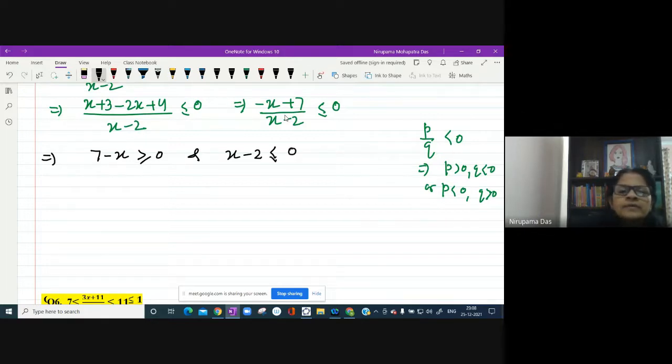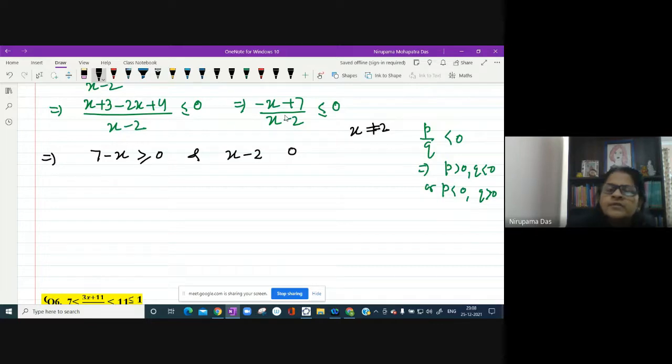Here we have to be careful, because x cannot be equal to 2. Be very, very careful, because (-x+7)/(x-2) ≤ 0, and it is common sense, x cannot be equal to 2.